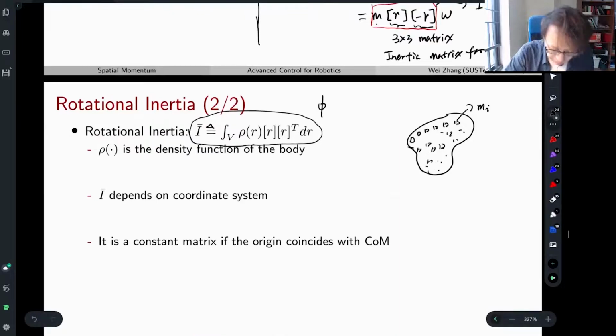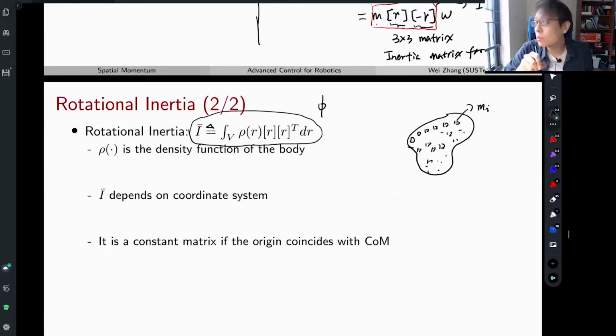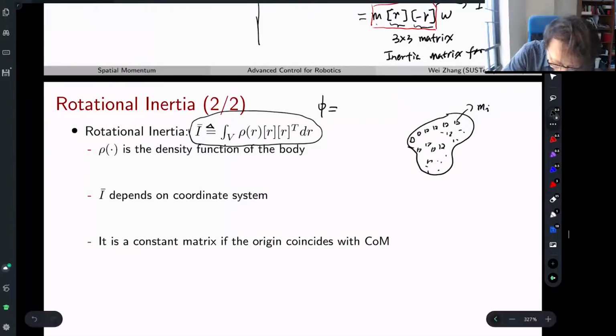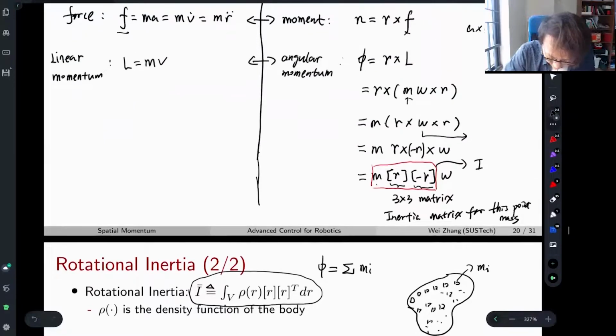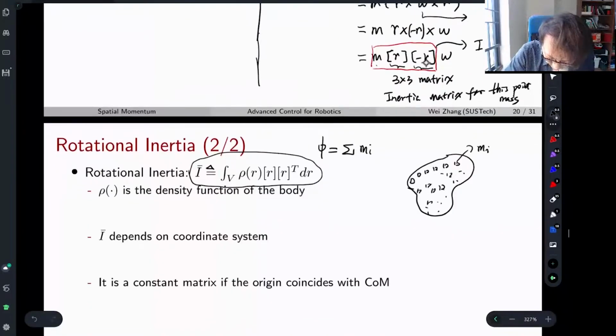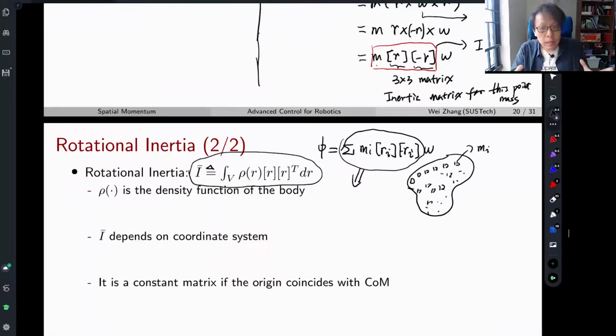This is my overall body angular momentum, which will be the summation of m_i times r_i times negative r_i times omega. Since omega doesn't change, overall I will have this. I call this my inertia matrix for the whole body.